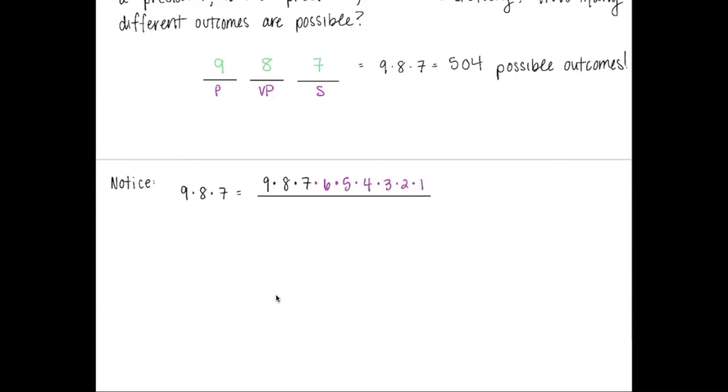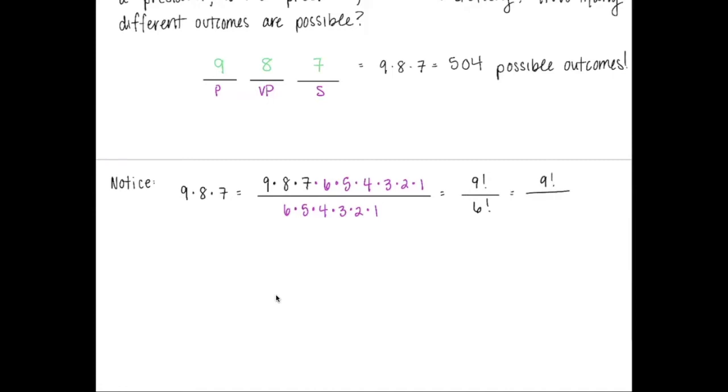So multiply 6, 5, 4, 3, 2, 1. But if I do that in the numerator, I've got to do it in the denominator. So this way those two cancel out and land you back here. So essentially I'm reverse engineering this formula. In the numerator, I have 9 factorial. In the denominator, 6 times 5 times 4 times 3 times 2 times 1 is 6 factorial.